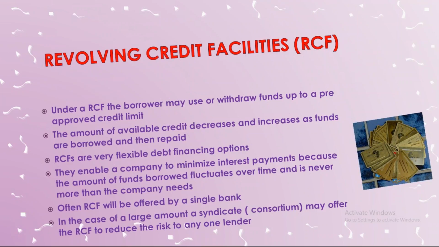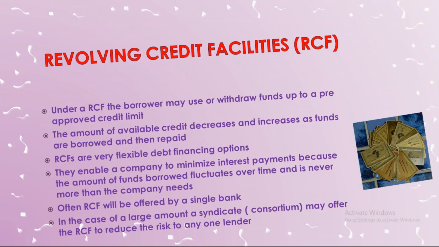Generally, a single bank will give to a single company, but sometimes the banks also want to share the risk. So they don't want to take the entire risk, so they might join with many banks and give your company a facility which we call a bank syndicate or a bank consortium.